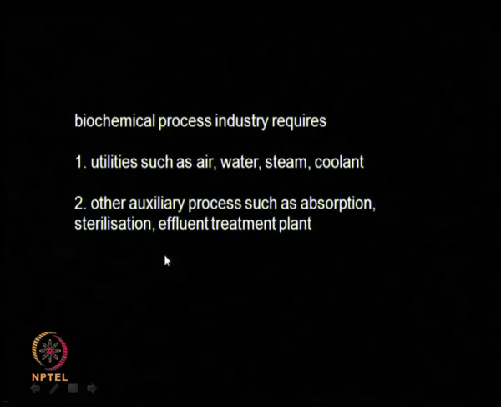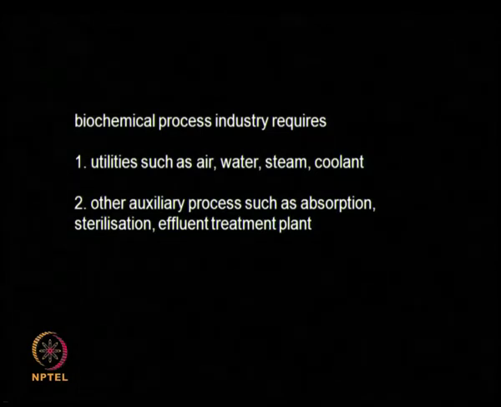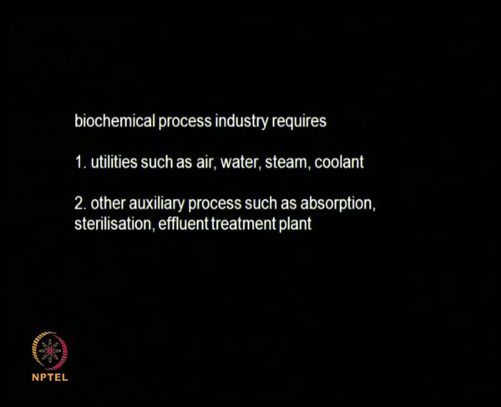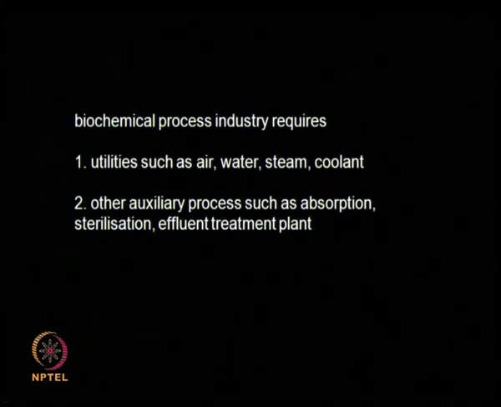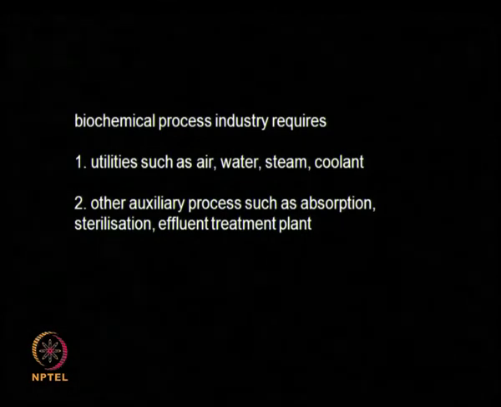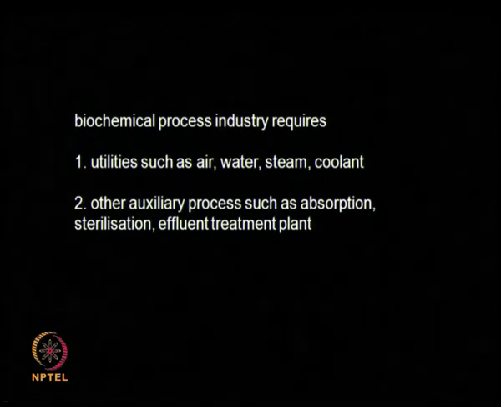Once again you cannot vent out solid effluent or liquid effluent or gaseous effluent without doing a certain amount of treatment so that it becomes harmless. So these are the auxiliary processes that are normally part of a manufacturing facility. So we will talk about these as well very briefly.